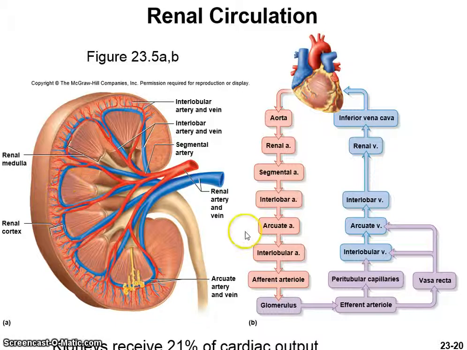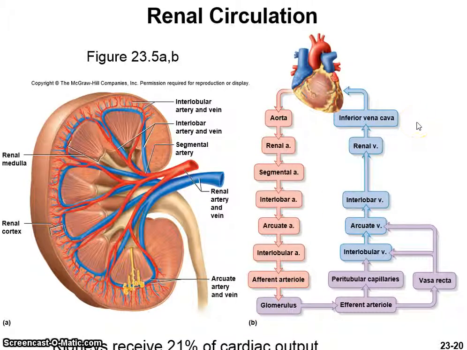After that, we have the interlobular arteries, that's these right here. They're also called radiate arteries, as in they radiate outwards. I think that's a better name for it anyway. So that's the radiating arteries, followed by the afferent arterioles.